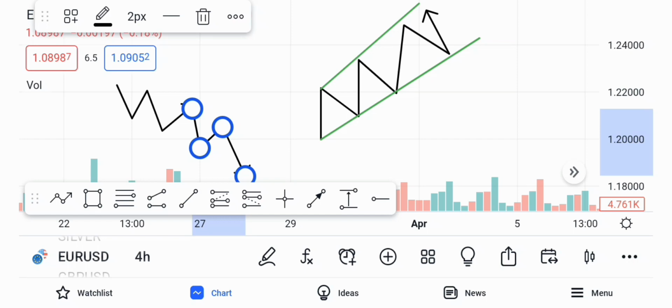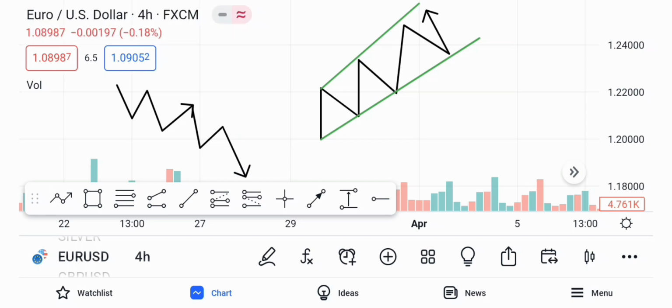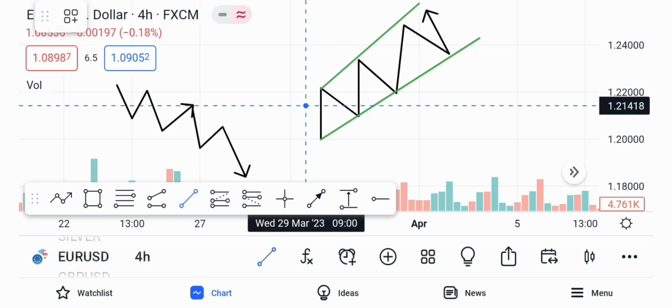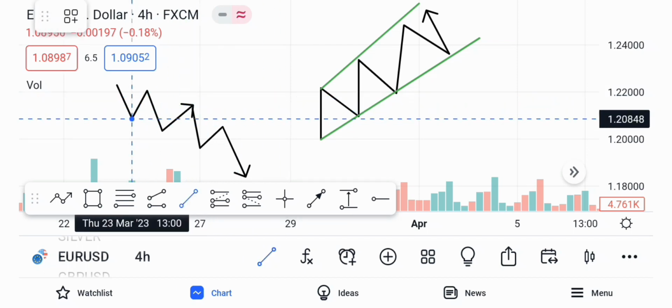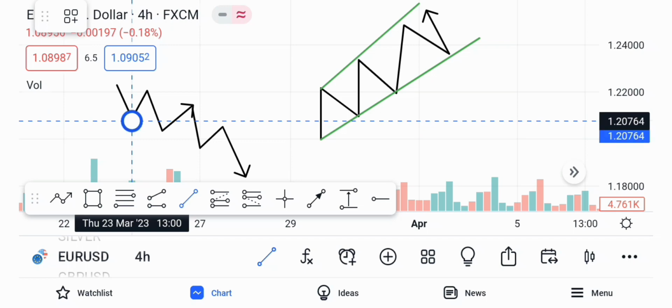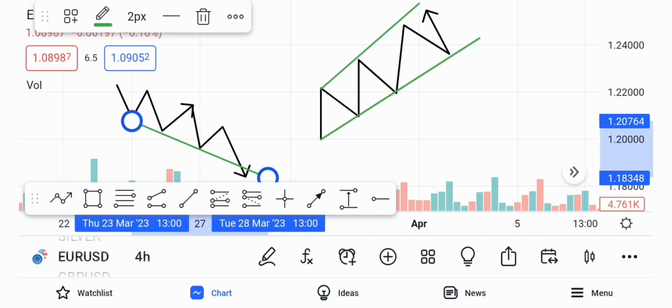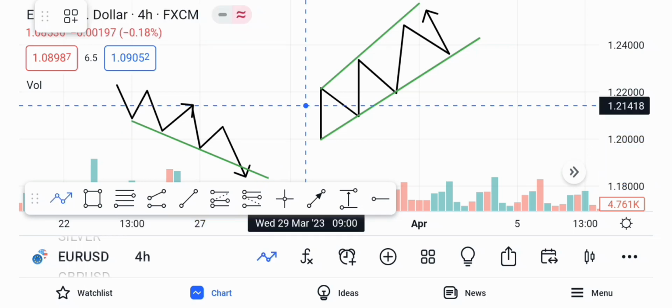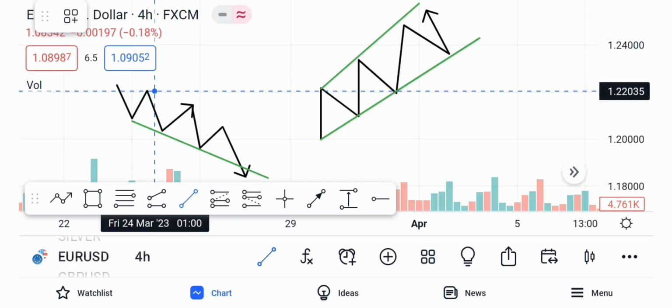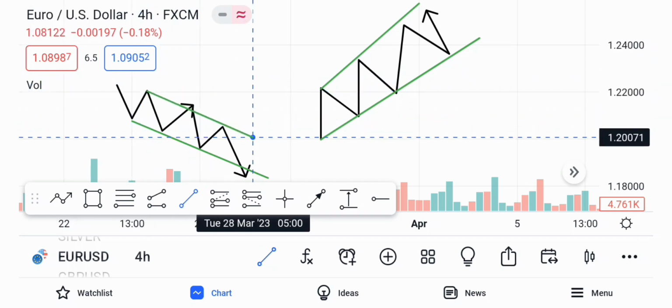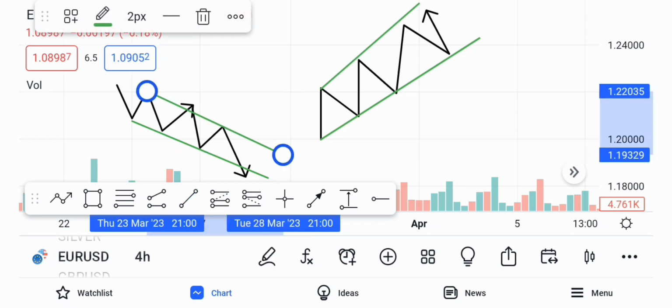So now, in a downward trend, we join the lower lows and the lower highs to form our trend channel, or just trend. We join our lower lows and our lower highs. So that's a downtrend for those who didn't know.